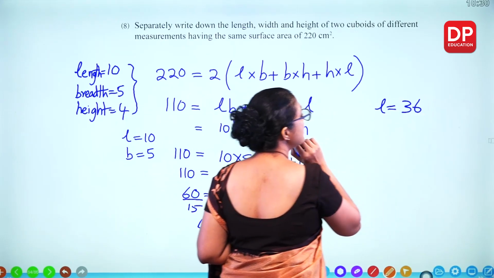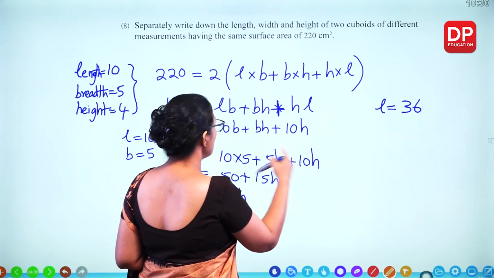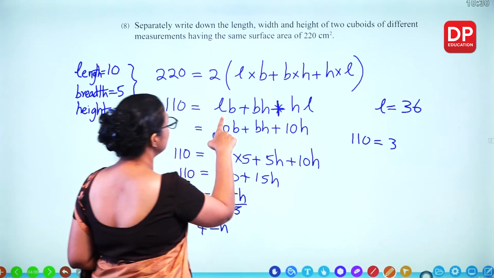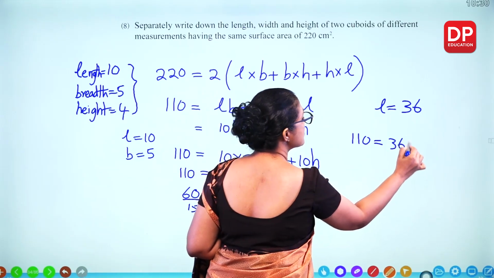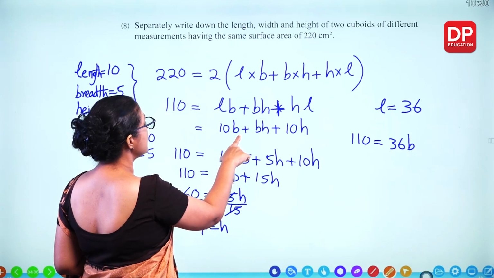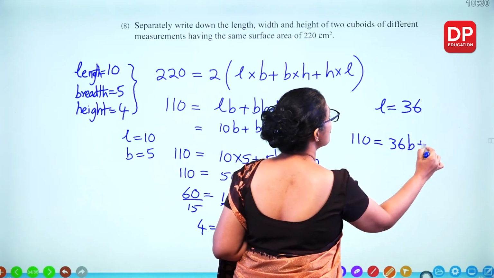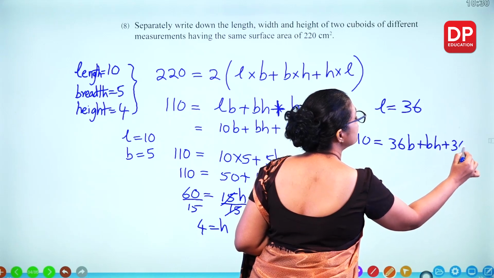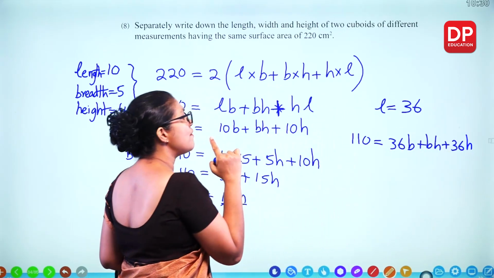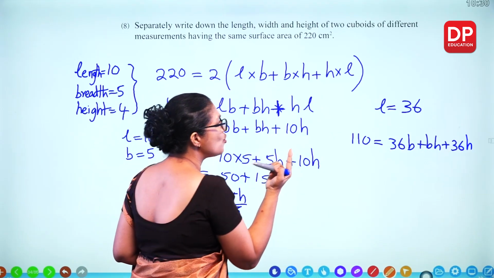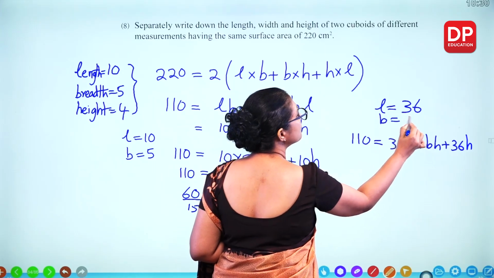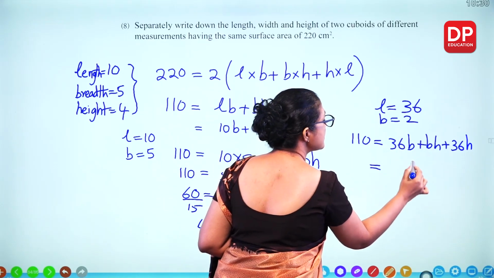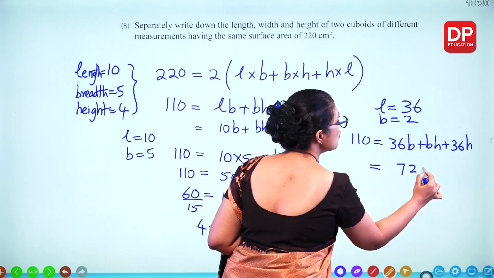So if you take 36 for L, what do you get here? 110 equals 36B, BH and 36H. And if B is 2, what happens? 2 times 36, 72.